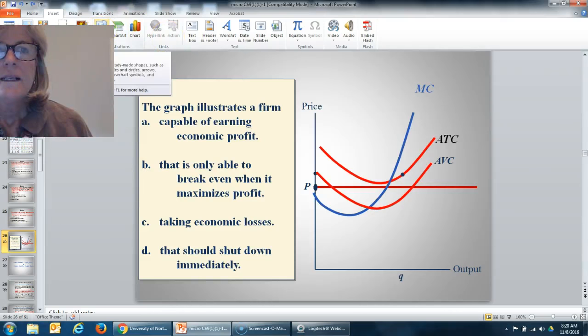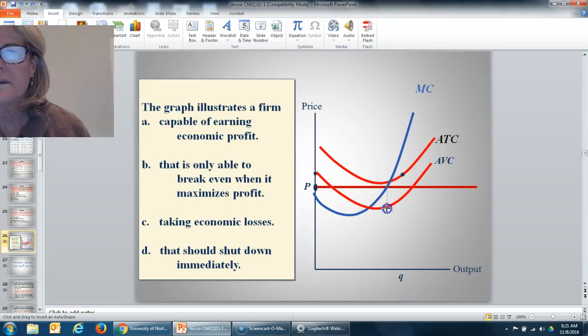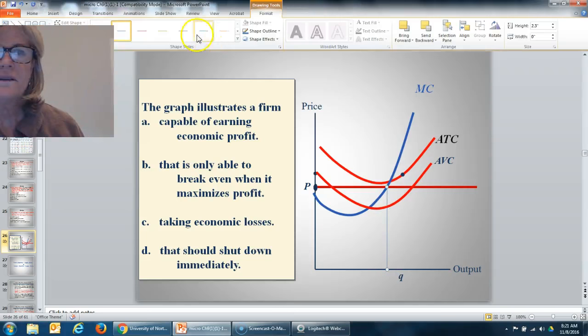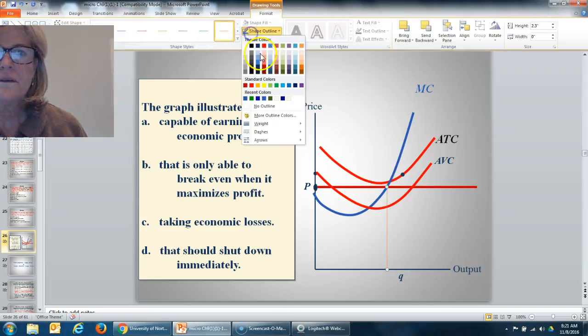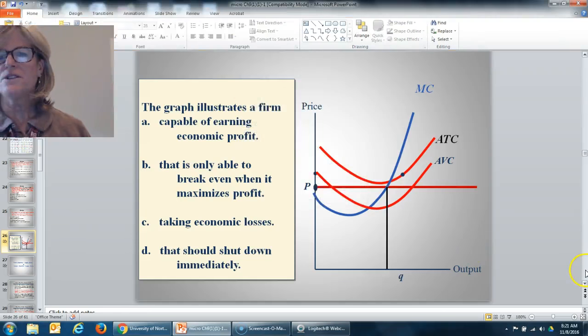It is where marginal revenue is equal to marginal cost. Here's my marginal revenue. It's the price line, equal to marginal cost here. So there, does everybody see that that's my Q star?